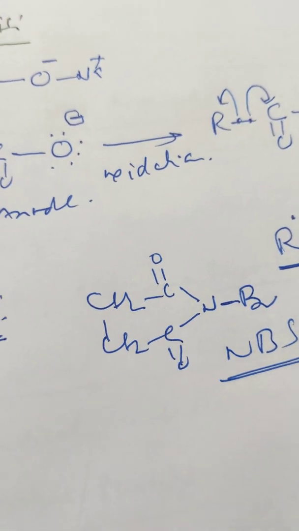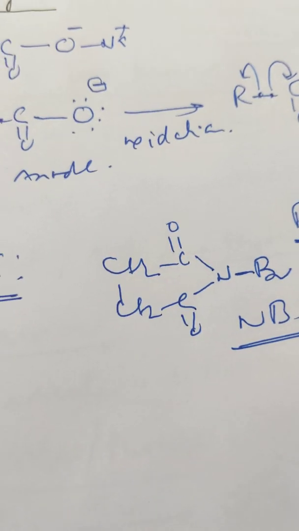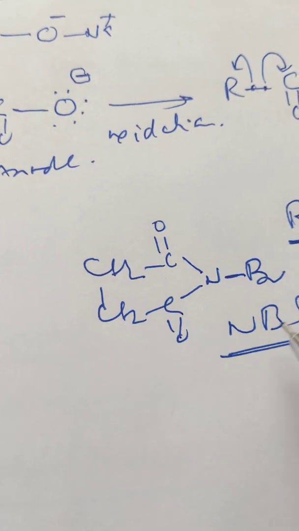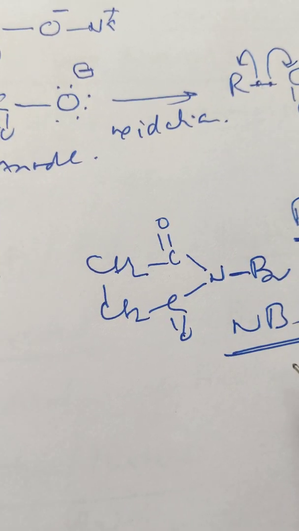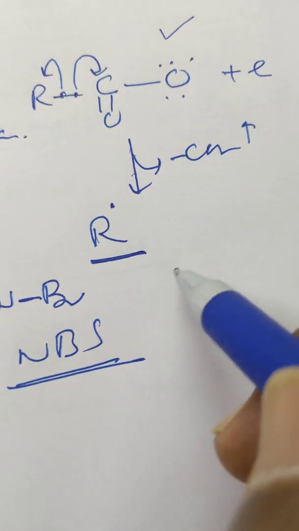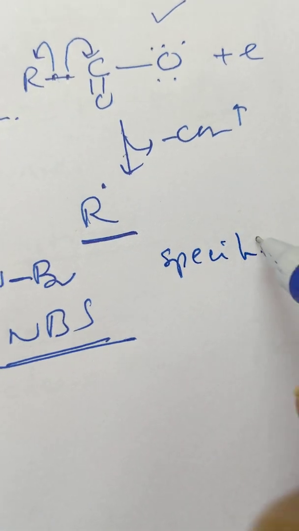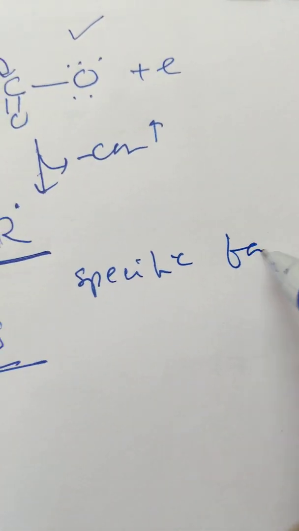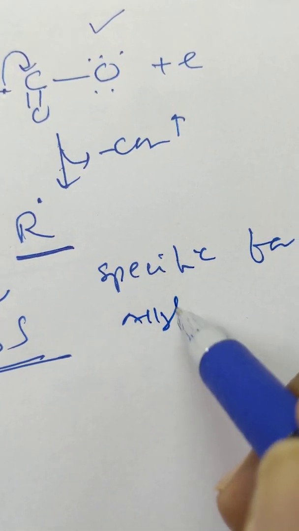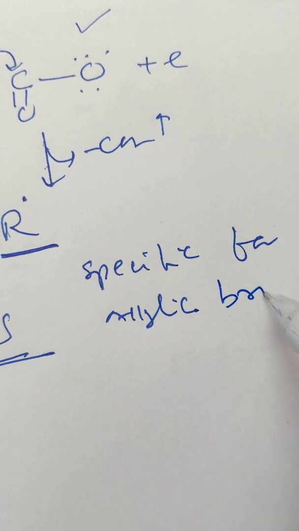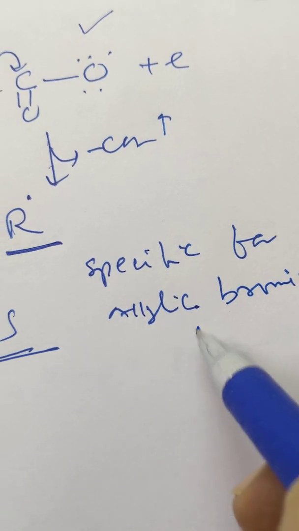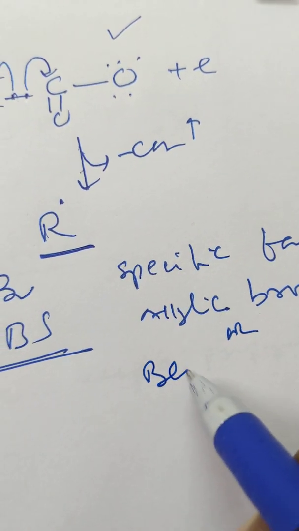Now, NBS is a reagent which gives us bromine very slowly, and this reagent is specific for allylic bromination or sometimes benzylic bromination.